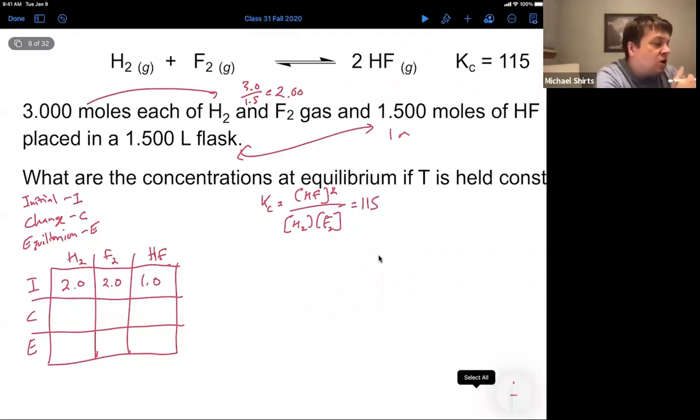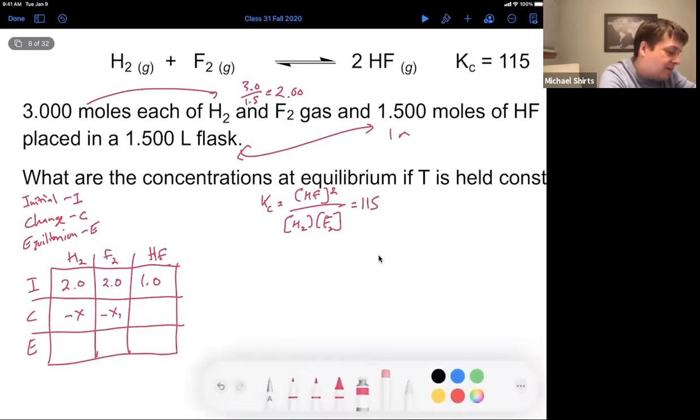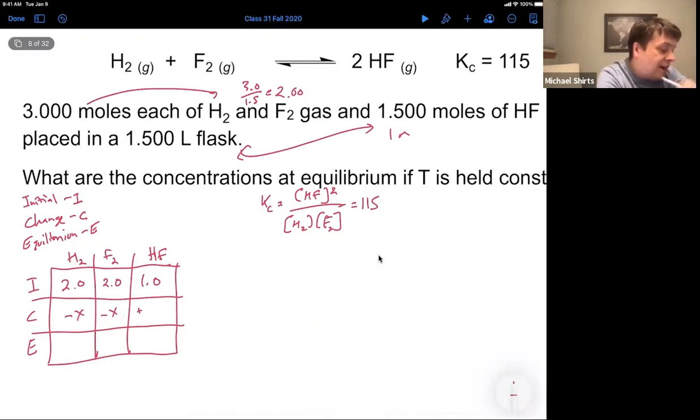The change: however much hydrogen reacts, we'll call that x. Because of stoichiometry, F2 reacts by exactly the same amount. And for each molecule of H2 that disappears, we get 2 molecules of HF, so 2x.